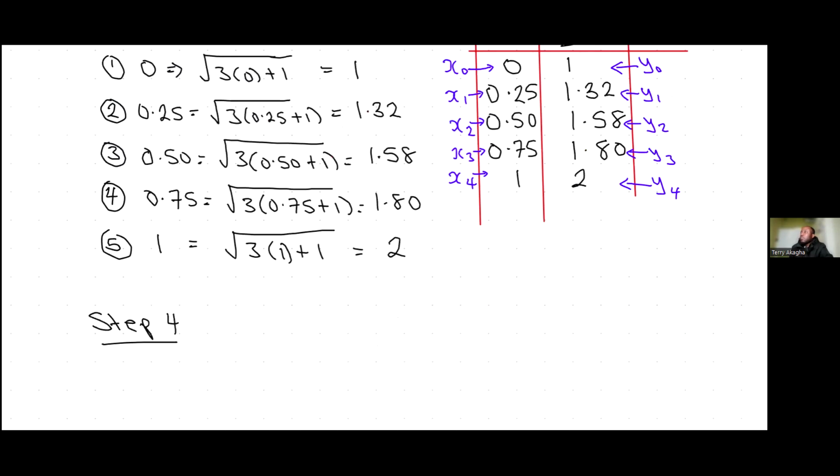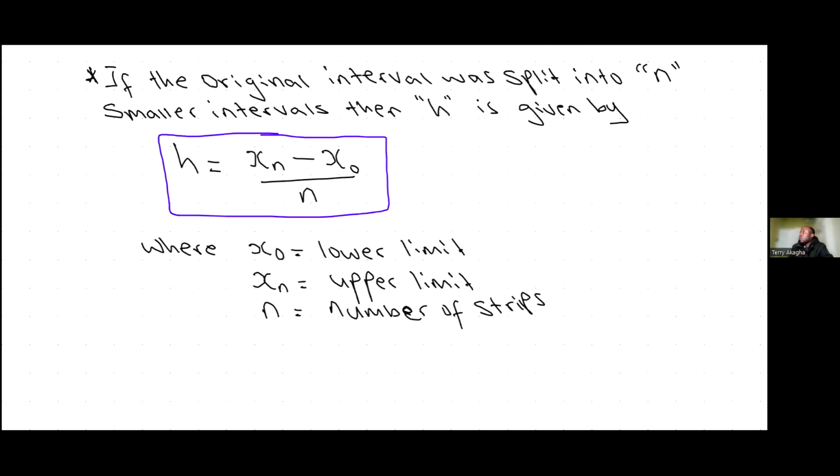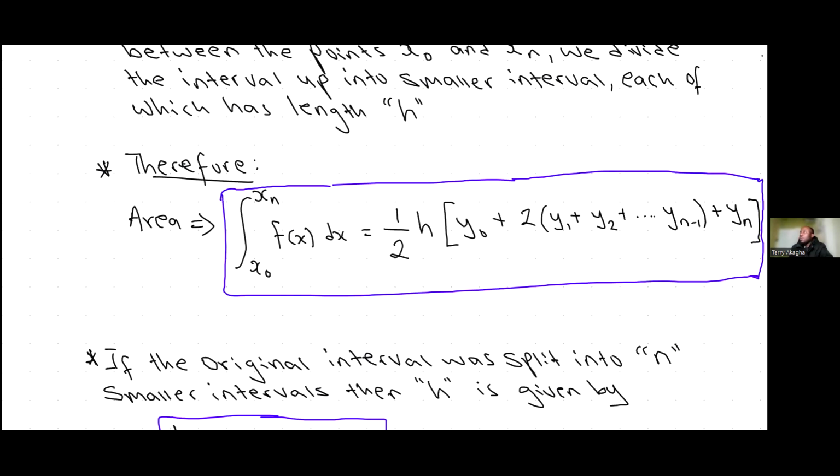So we're integrating between 1 and 0 the square root of 3x plus 1, which will be equal to 1 over 2. If you remember the formula, let me go back to that slide. I told you it's going to be 1 over 2 h, y0 plus y1, y2, yn minus 1 plus yn.